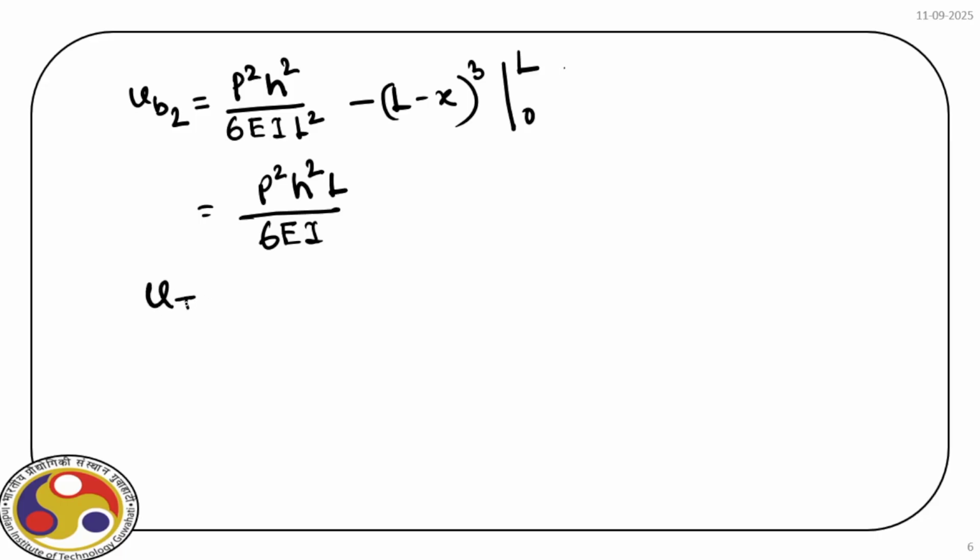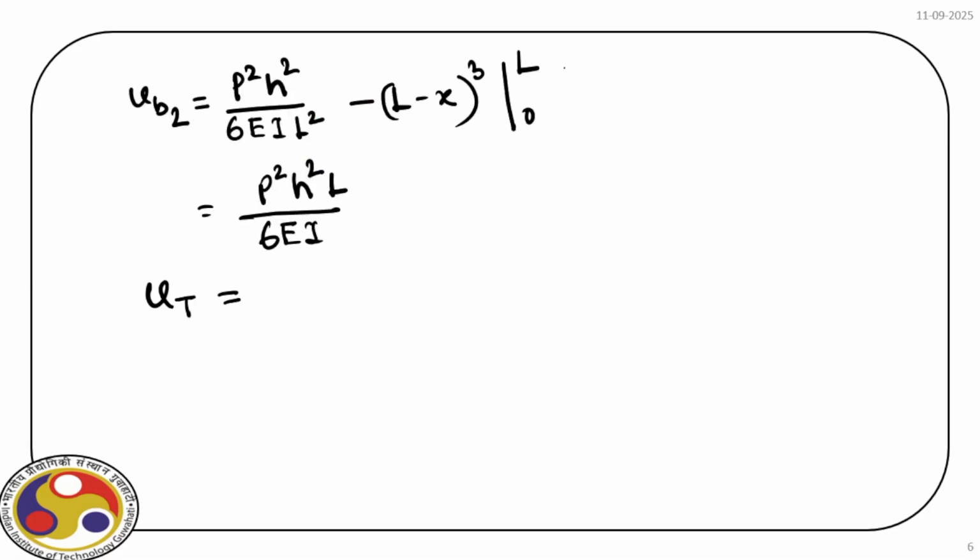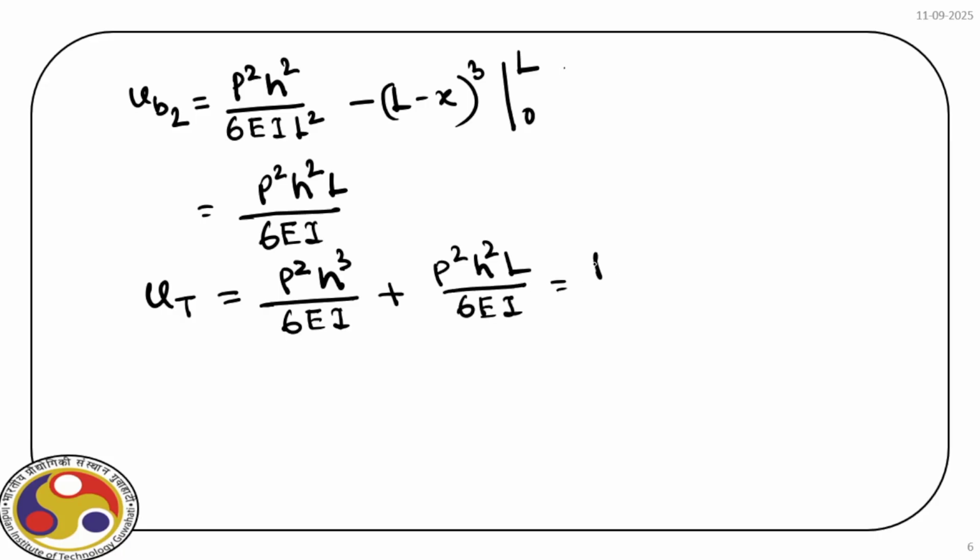Now the total bending strain energy is P square H cube divided by 6EI plus P square H square L divided by 6EI. That is P square H square divided by 6 EI times (H plus L).